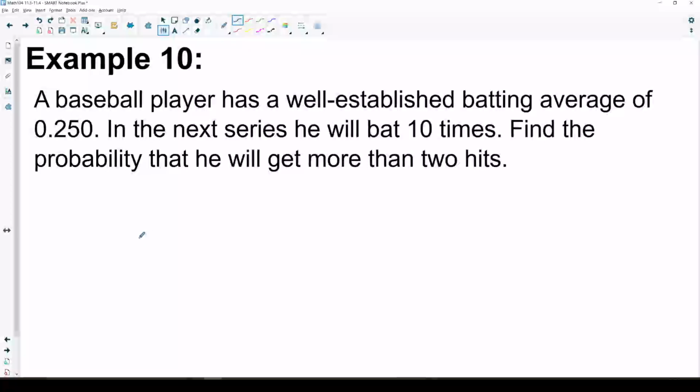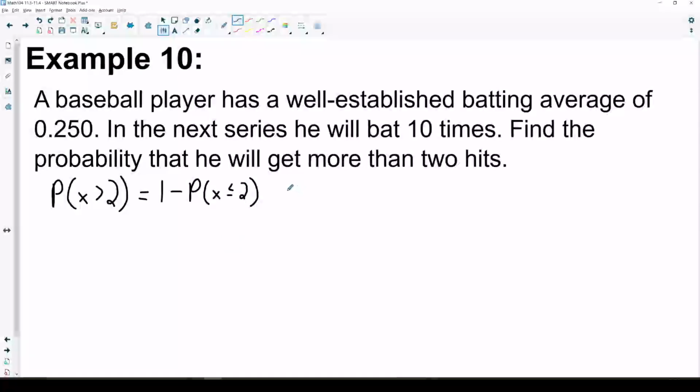Now, just like before, we have more possibilities, but this one could be a little scary if we weren't careful, right? If I want the probability of getting more than 2 hits, if I were thinking mechanically, I might say, all right, well, I've got to figure out the probability of 3, 4, 5, 6, 7, 8, 9, and 10. But if I think a little bit, I also know that by the complement concepts earlier in the chapter, that's the same as the probability of 1 minus getting less than or equal to 2 hits, right?